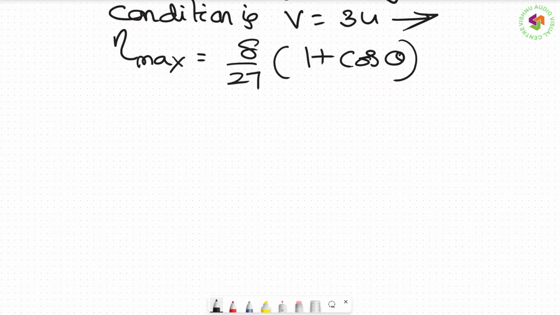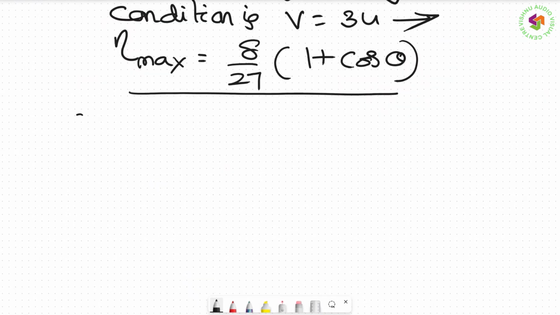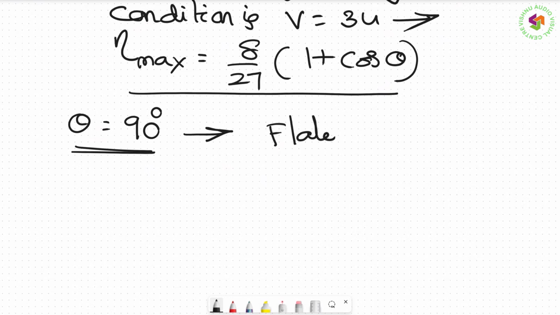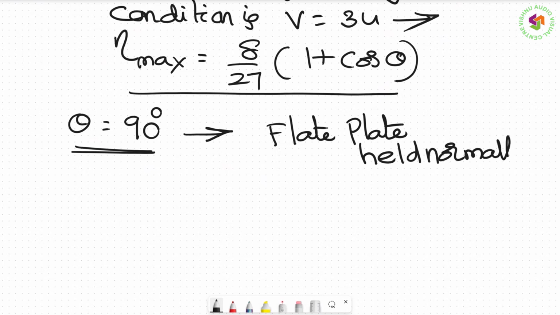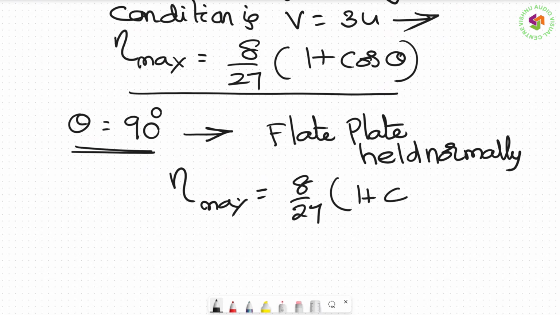Suppose I apply theta equal to 90 degrees, then what is this case? This is nothing but a flat plate held normally. In such a case, eta maximum is equal to 8 by 27 into (1 plus cos 90 degrees).